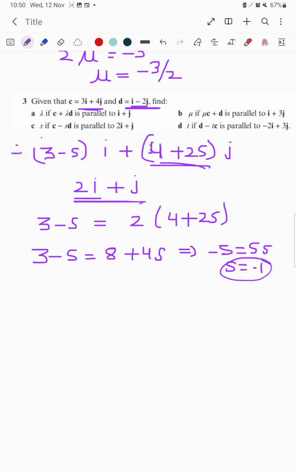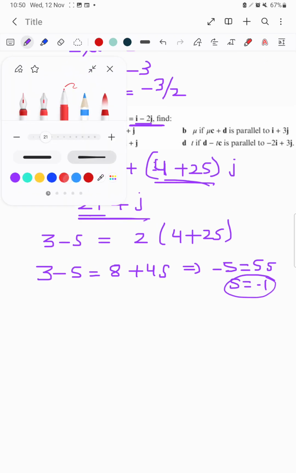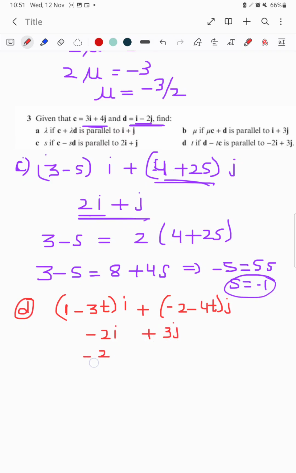This was the C part of the question. Now we are focusing on the D part of the question. So what the D part says is d minus tc. So 1 minus 3t i plus minus 2 minus 4t j, and this is given as parallel to minus 2i plus 3j, or I can write minus 2/3 of i plus j.